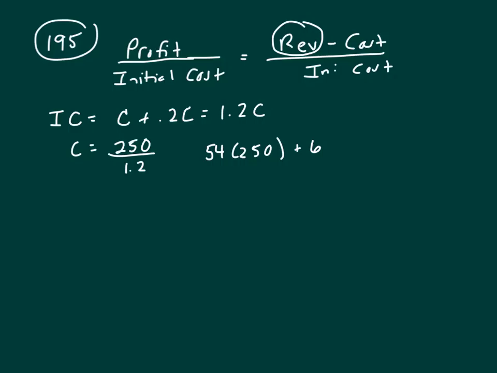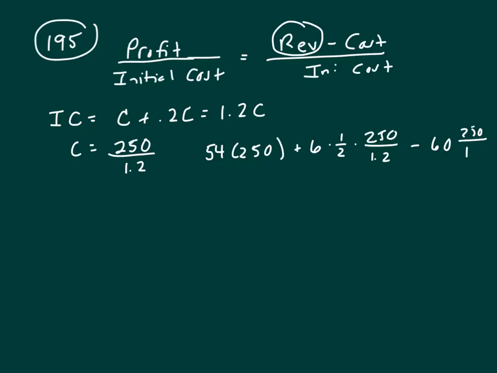So instead of saying 50%, that's the same thing as saying 1/2. And it says of dealer's initial cost. So that's going to be $250 over 1.2. So there's all the money he gets in. So now let's subtract off how much the cost was. Well, he bought 60 of those things at a cost of $250 over 1.2.